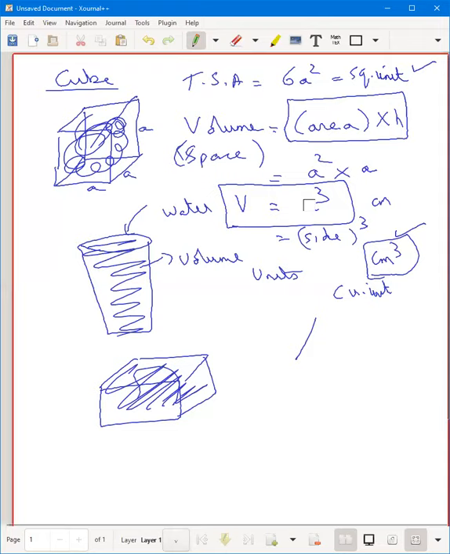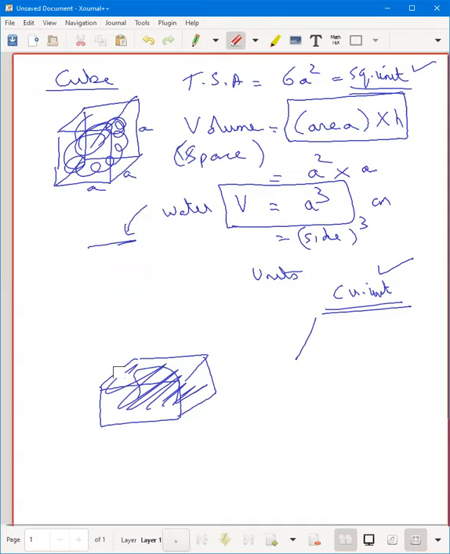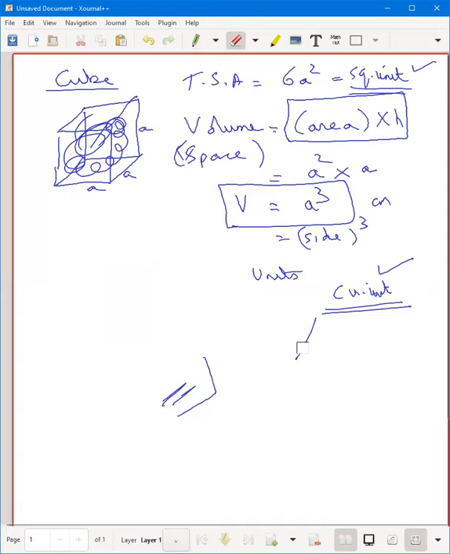It can be meter cubed, it can be centimeter cubed, whatever is given to you. Volume will always be in cubic units, whereas surface area or area will always be a square unit. So is it clear now regarding a cube? How do we find the total surface area and its volume? Any doubts, anyone?